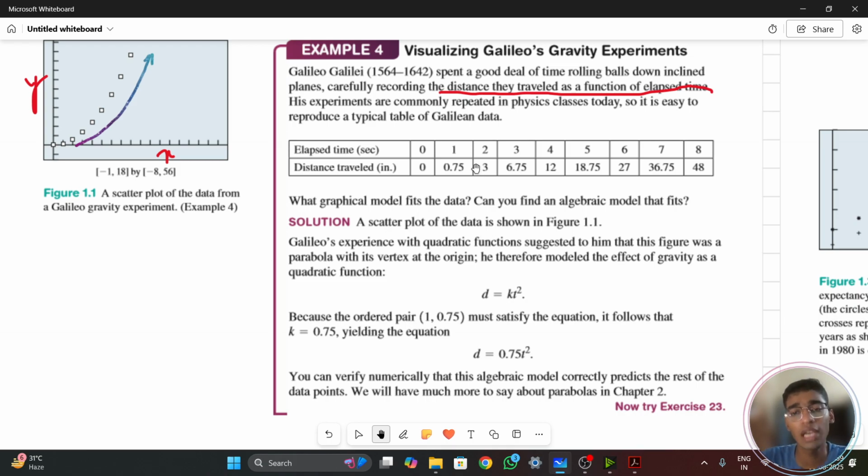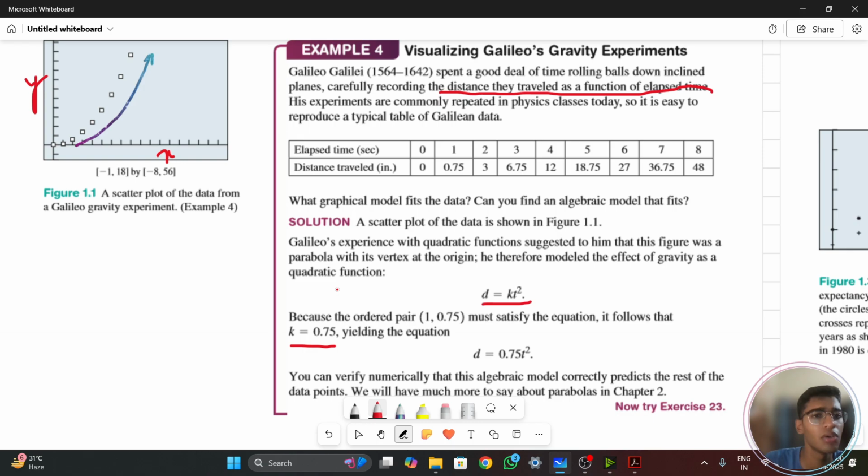So what is actually happening is that they're making ordered pairs. They have just plotted the points here at 0, 1, 2, 3, 4 till 8. Now they're calculating the relation between the x and y axes, and they get to know that the distance is equal to k times t squared, where k is equal to 0.75.